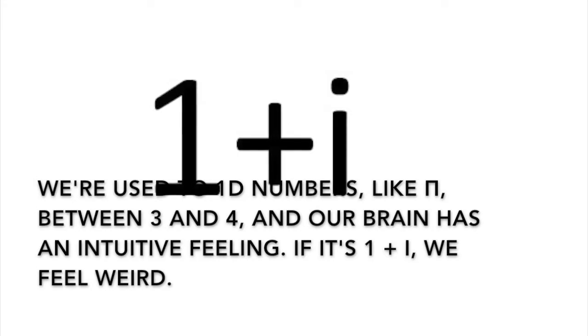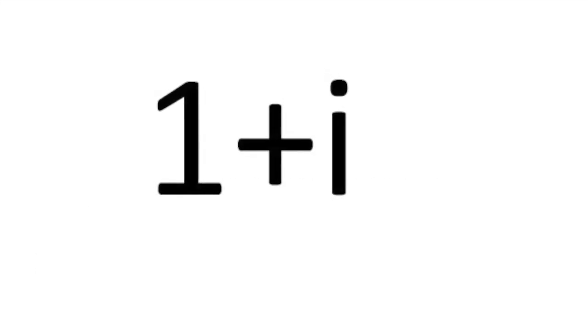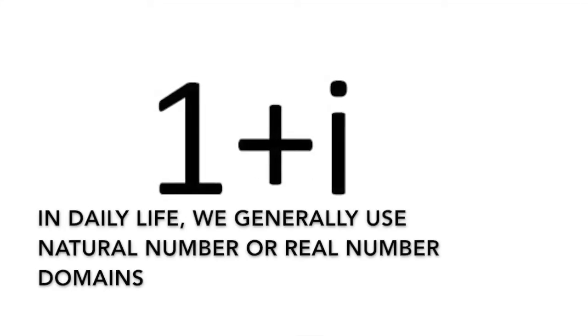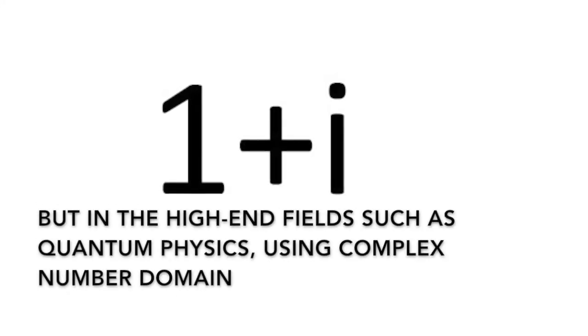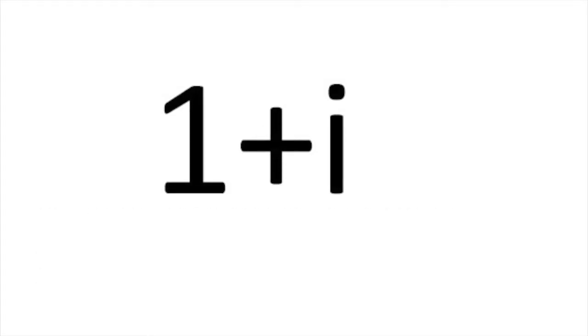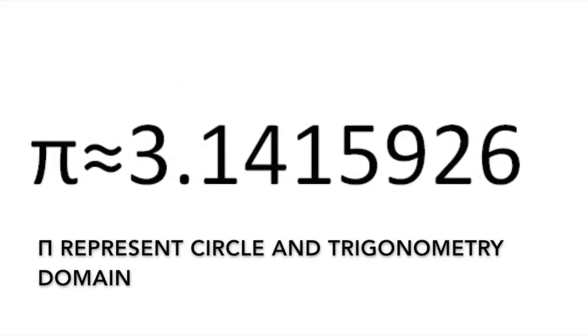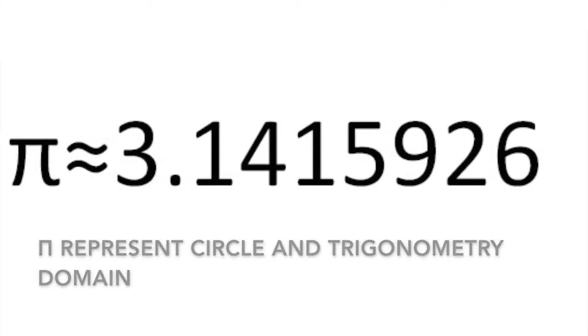If it's 1 plus i, we feel weird. In daily life, we generally use natural number or real number domains. But in high-end fields, such as quantum physics, we use the complex number domain.